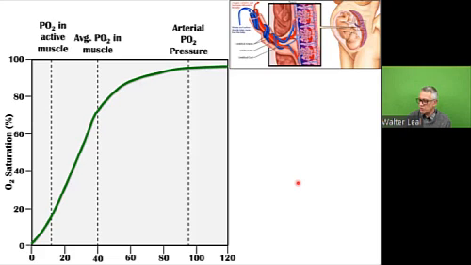We talk about the fetus, which has a different situation because the fetus is not going to get outside and breathe the air that's available to us, but rather is going to be entirely dependent on the mother. So the mother is going to deliver not only nutrients and everything through the placenta, but also oxygen.